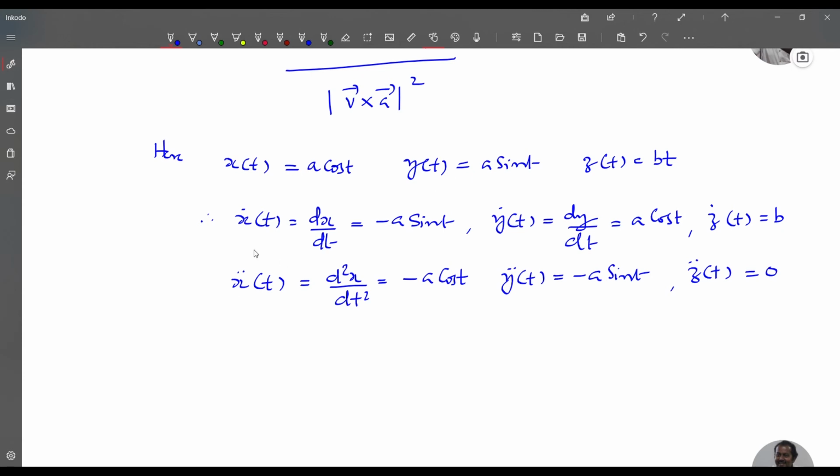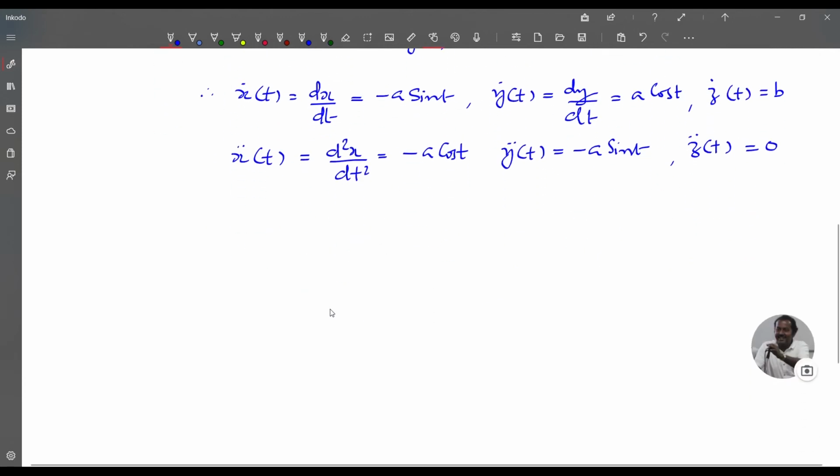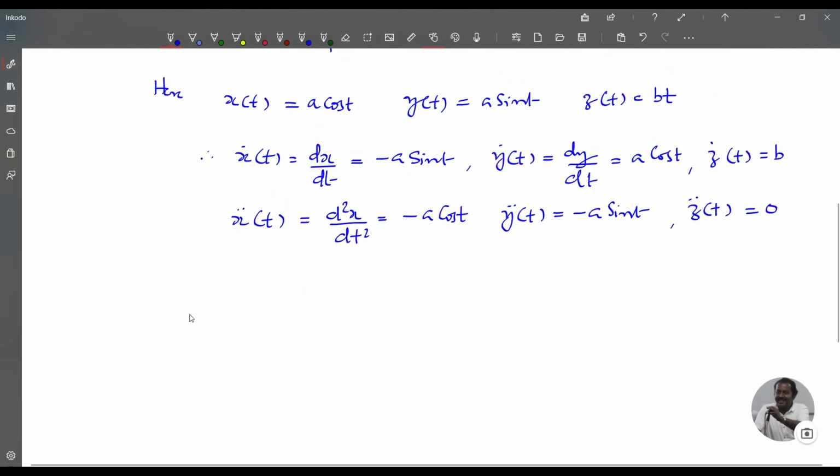Remember that x dot of t, y dot of t, and z dot of t are the components of V, and x double dot of t, y double dot of t, z double dot of t are the components of A, and x triple dot of t is d cube x by dt cube.